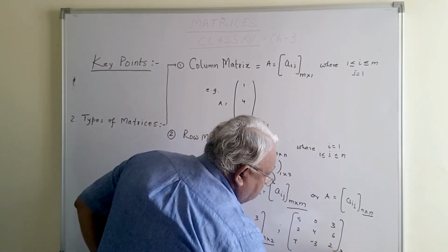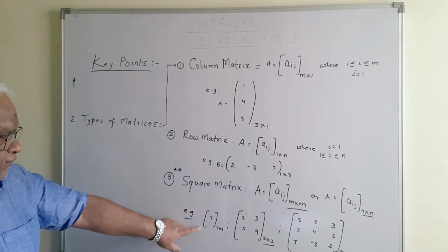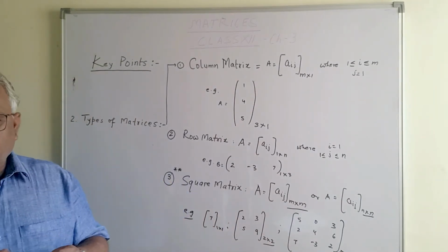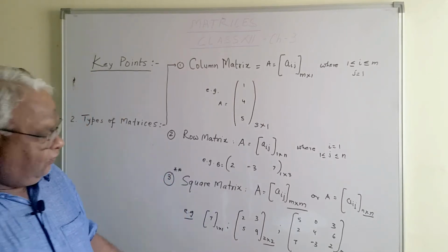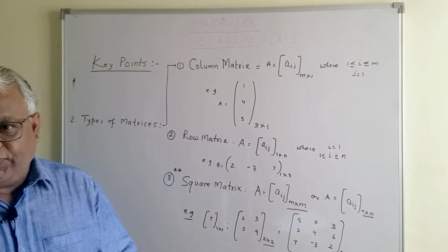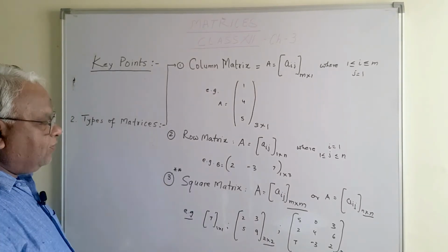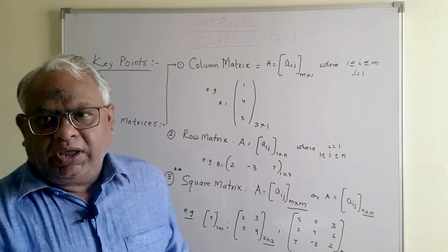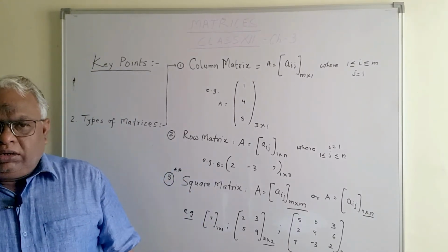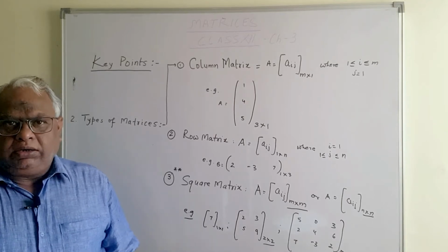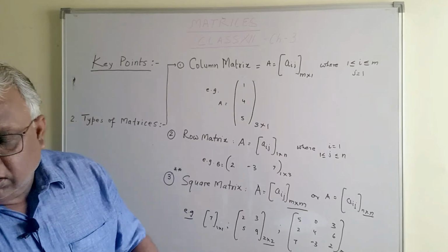This is 3 cross 3. So this is 1 cross 1 and this is 3 cross 3. So you have three different examples of a square matrix. Now, if you have any question, you can ask, and I will explain again. Anybody has any doubt? You have understood? Fine. Let us proceed further to define a few more.